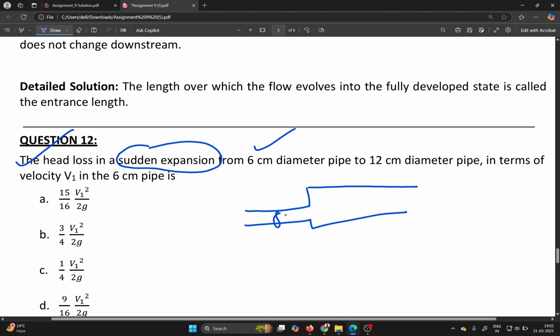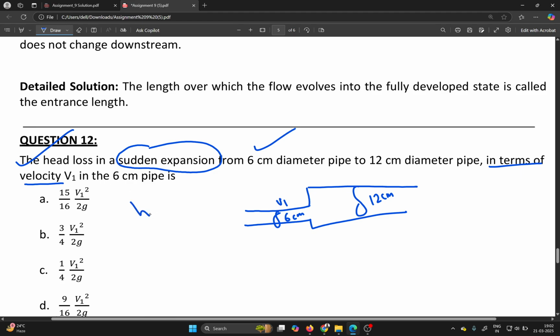Here the diameter is 6 centimeter, here the diameter is 12 centimeter. In terms of velocity v1, that is here in the 6 centimeter pipe, you need to calculate the head loss.